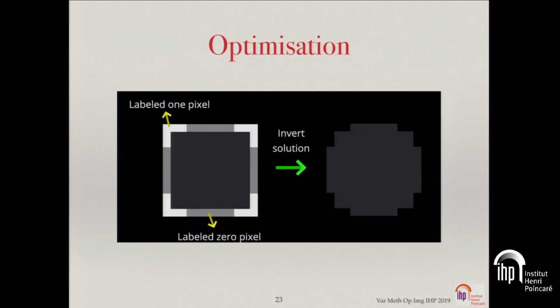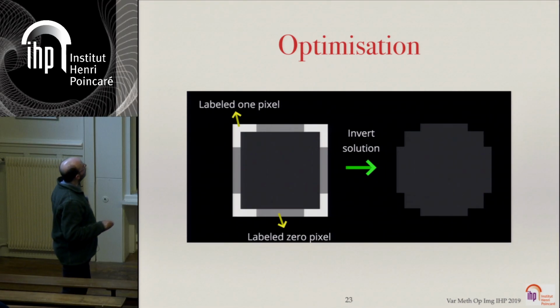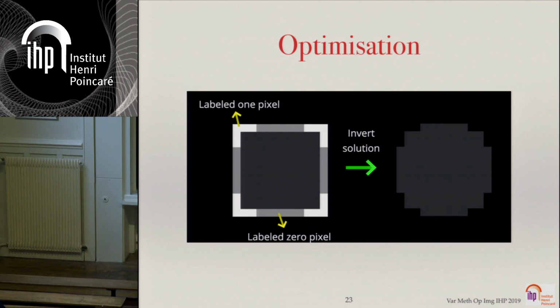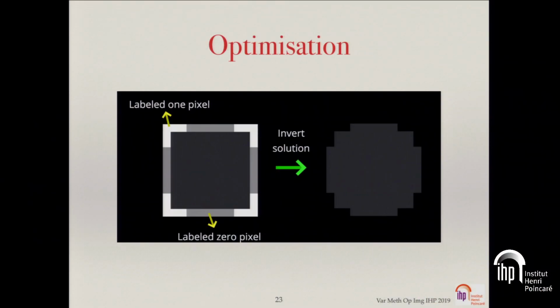In the end, we have a series of solutions that are labeled 1 or 0. And due to this effect, we need to invert the solution, and that's actually our answer. Okay, so that's due to the way that QPBO is implemented.